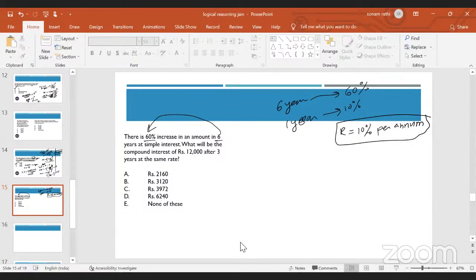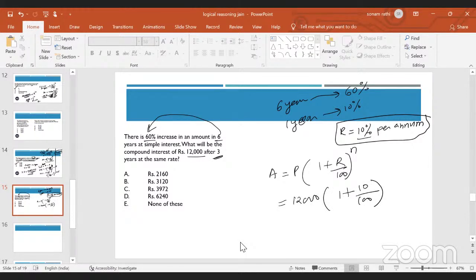What will be the compound interest for rupees 12,000 after 3 years at the same rate? So amount is equal to P into (1 plus R by 100) to the power N. Principal is 12,000. 1 plus 10 by 100 to the power 3. So find the amount.